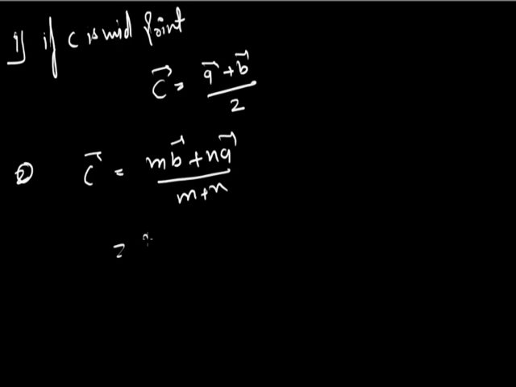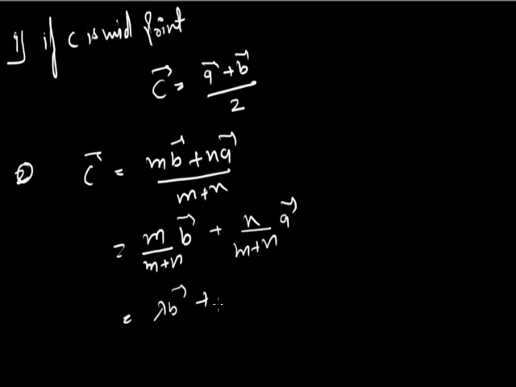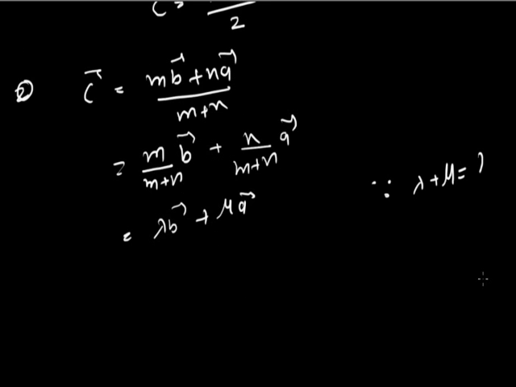Separating this, it is m upon m plus n b vector plus n upon m plus n a vector. Now I can write this as lambda b vector plus mu a vector, where lambda plus mu is equal to 1.